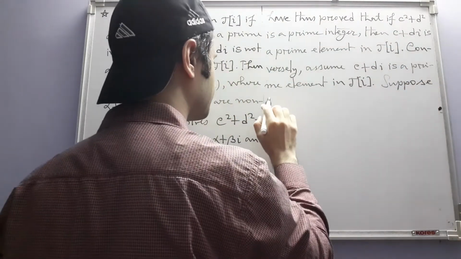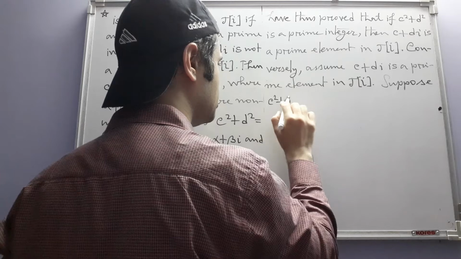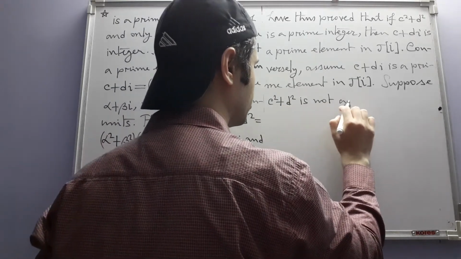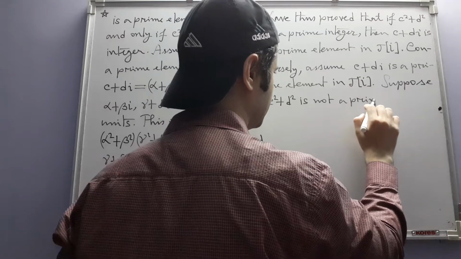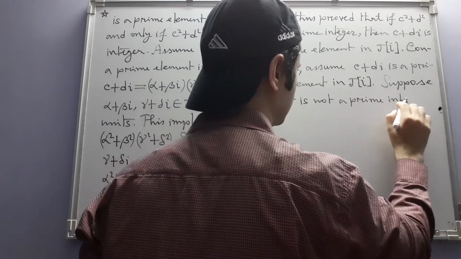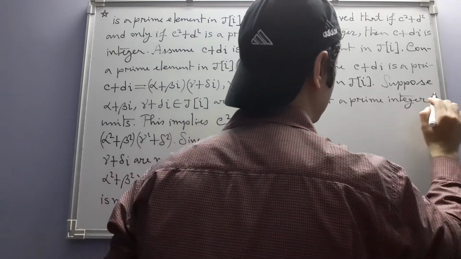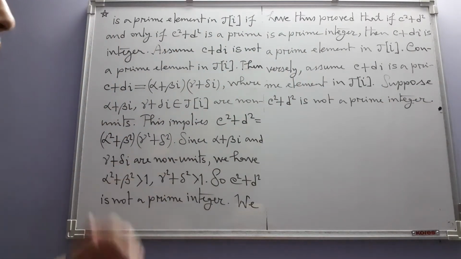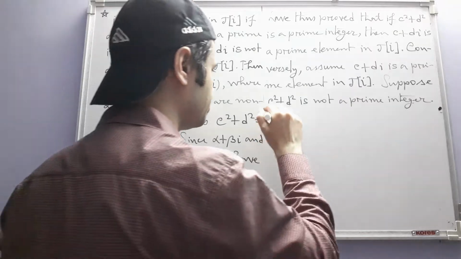suppose C square plus D square is not a prime integer. Okay, and we are expecting a contradiction.